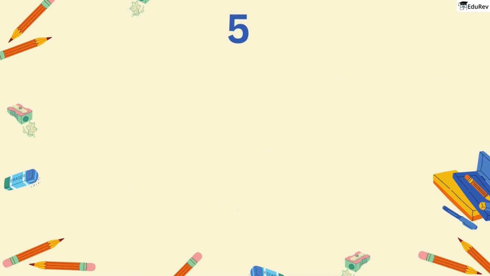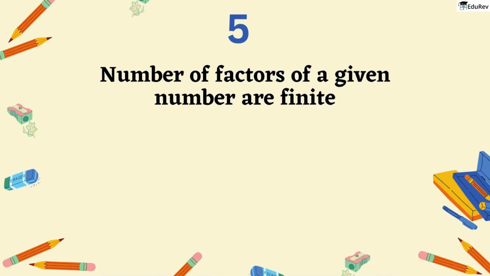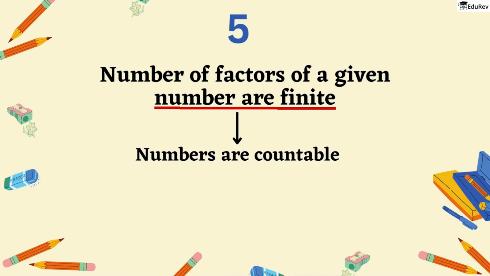Moving on to the fifth one. It says that the number of factors of a given number are finite. What does numbers are finite mean? It means that the given numbers are countable.